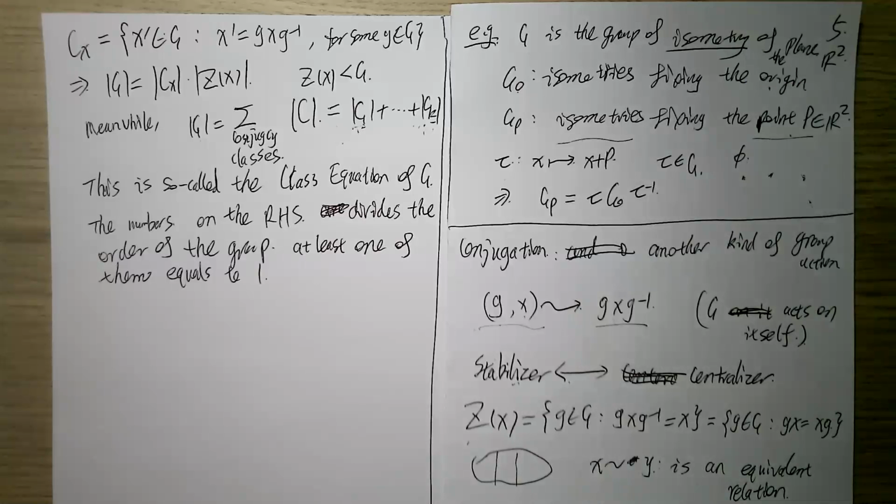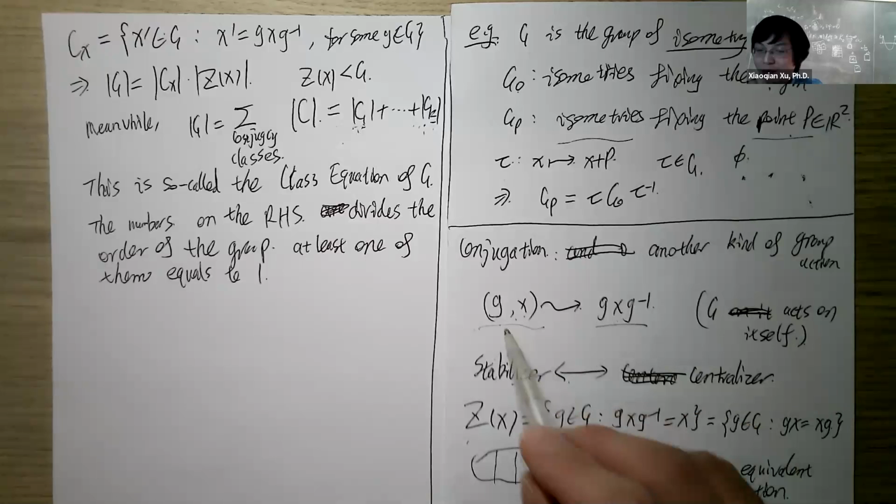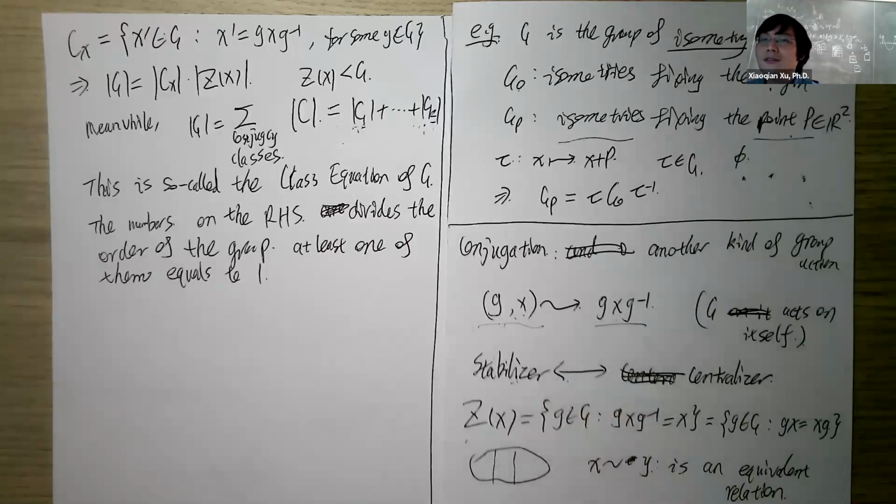The identity. Yes. Why is that? Because g identity g inverse equals the identity, and there's no other element that satisfies this. You cannot map e to something else, right? So the conjugacy class only has e itself. It cannot have any other element, okay?